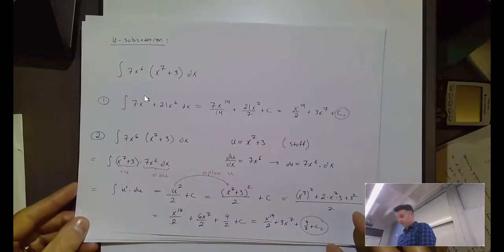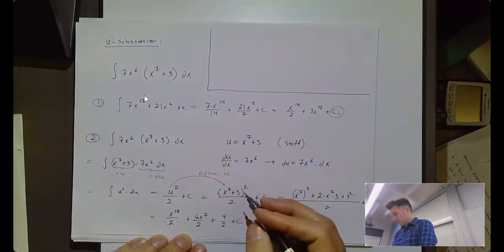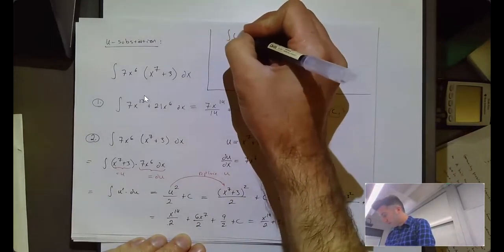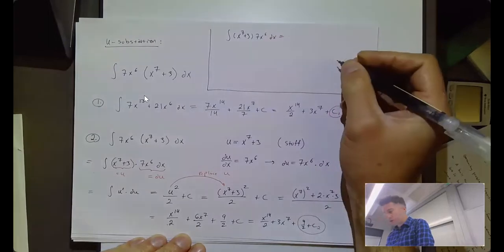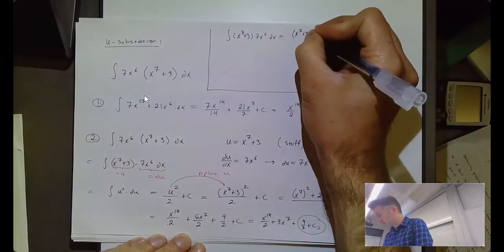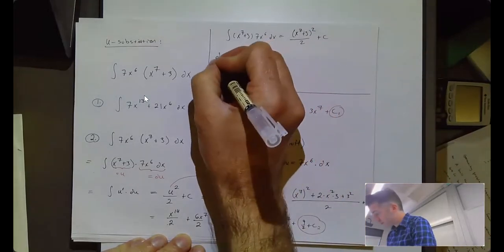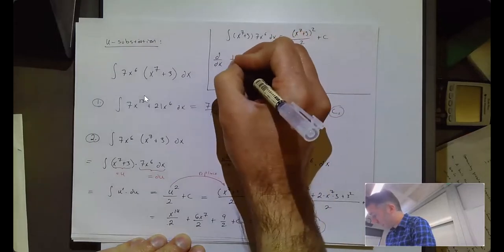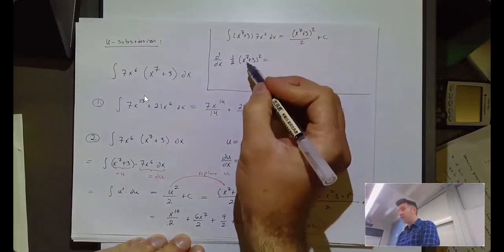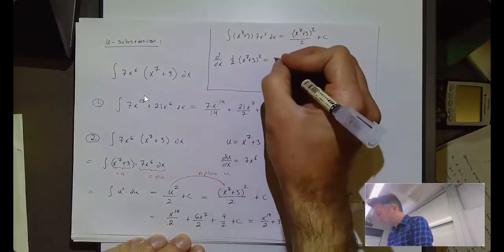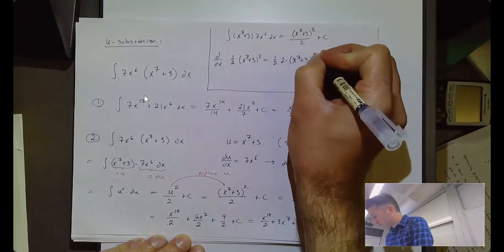So let me just point out that if we look at this version of it, where the antiderivative of x to the 7th plus 3 times 7x to the 6th dx is equal to x to the 7th plus 3 squared over 2 plus c, the derivative of that, which I'm going to write as 1/2 times x to the 7th plus 3 squared, is this: when I take the derivative of some stuff squared, I get 2 times my stuff to the first power.